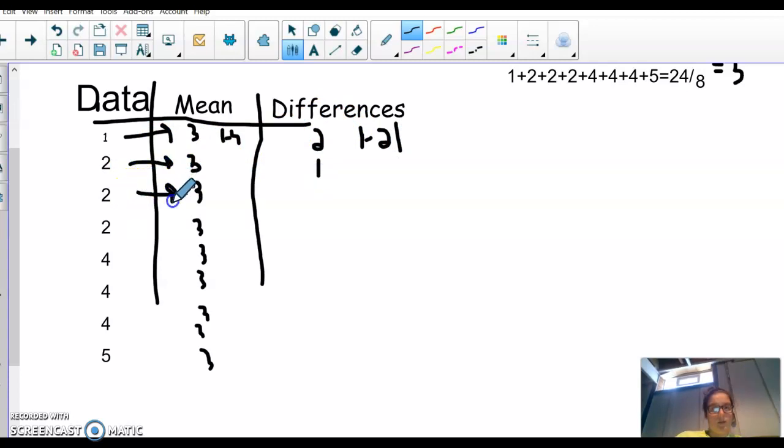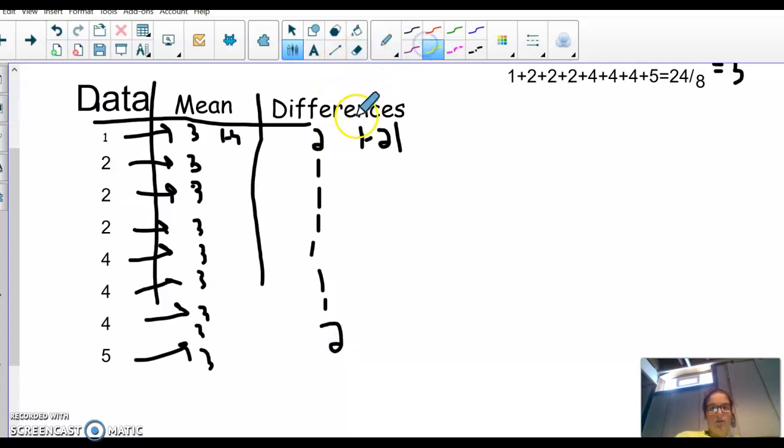The distance from 4 to 3 is 1. And the distance from 5 to 3 is 2. So then you take all these differences and find the mean of the differences. And that's your mean absolute deviation.